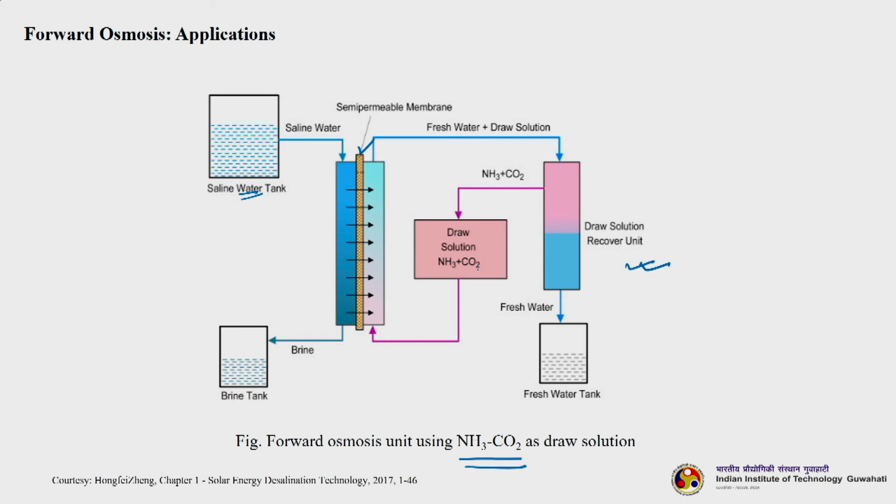Ammonia and carbon dioxide are fed to the opposite side, and water from the concentrated saline water will diffuse through the membrane and enrich the draw solution. Then you get fresh water and draw solution, and the draw solution gets diluted. Then you can separate it and take fresh water from the process.